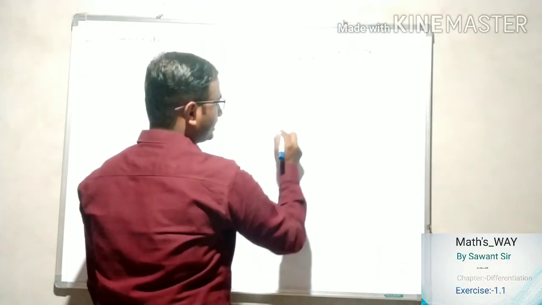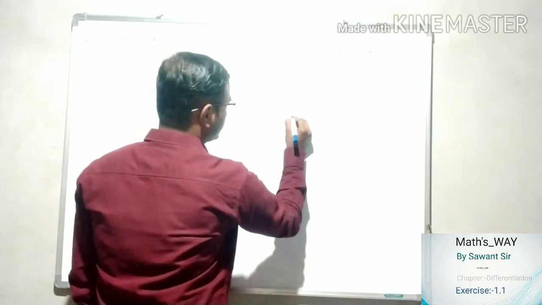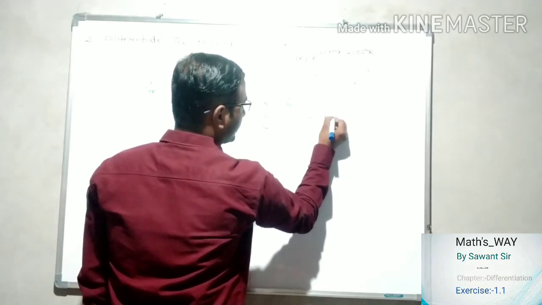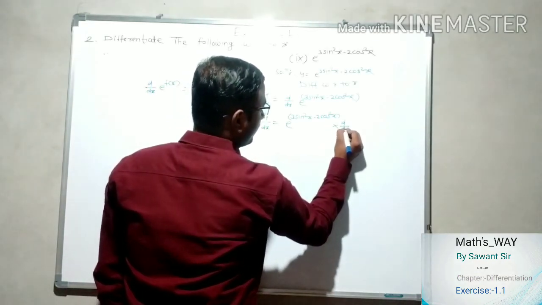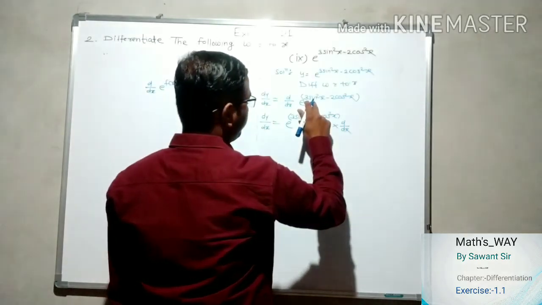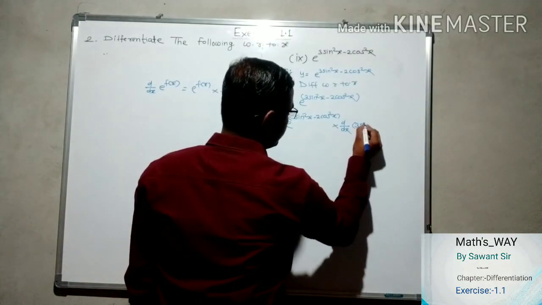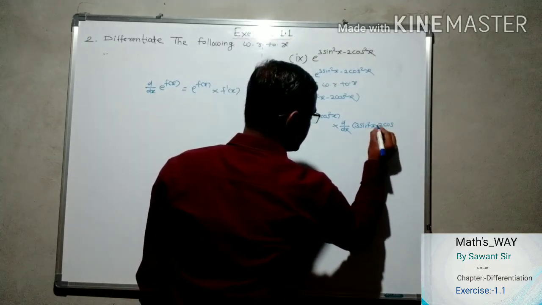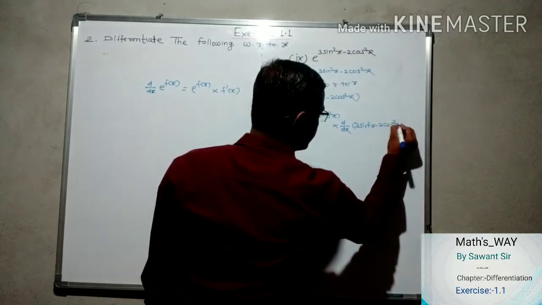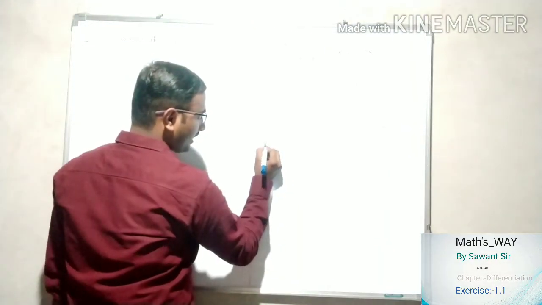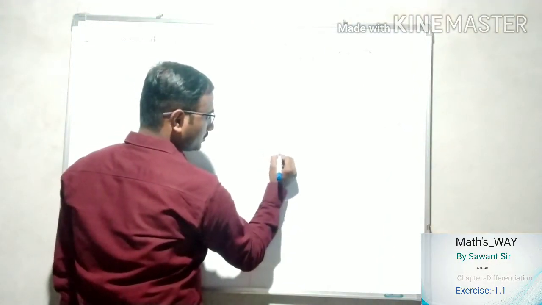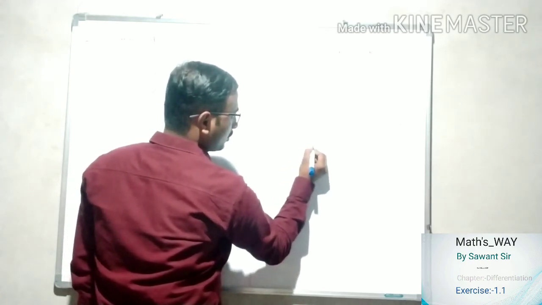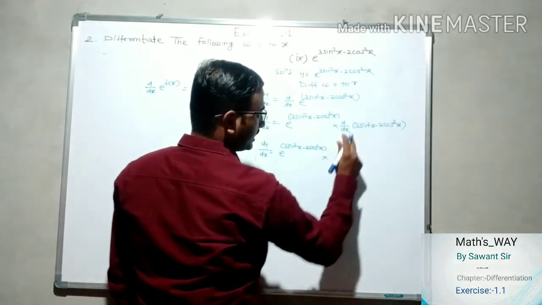So dy by dx is equal to e to the power 3 sin square x minus 2 cos square x into derivative of 3 sin square x minus 2 cos square x, separately.